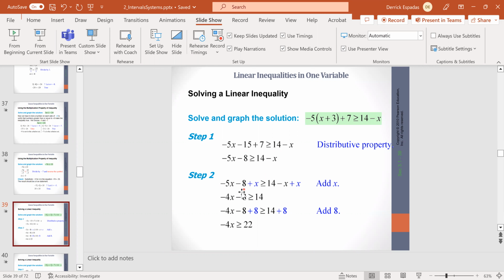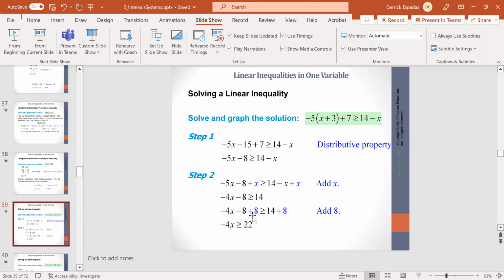On the left-hand side, we're going to add that x to negative 5x, which makes it a negative 4x, because negative 5 plus 1 is negative 4x. Over here on the right-hand side, the x's are just going to cancel out each other because it's negative x plus x. So now we have it down to negative 4x minus 8 is greater than or equal to 14.